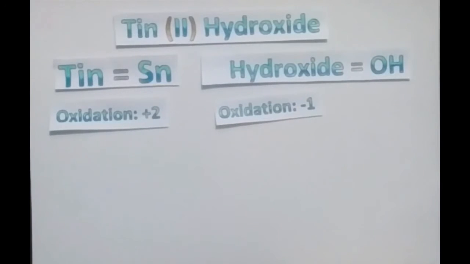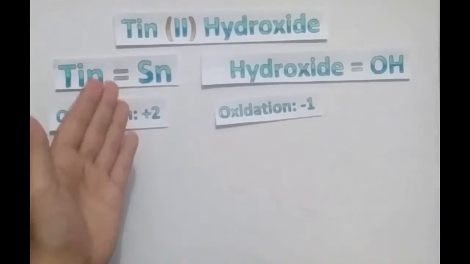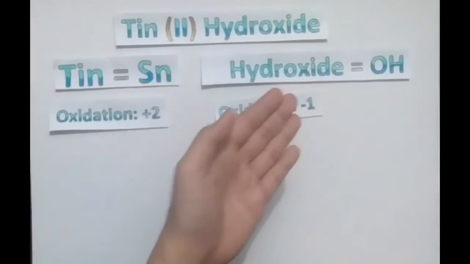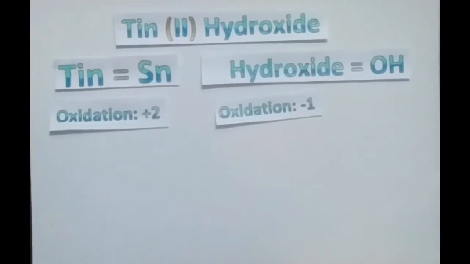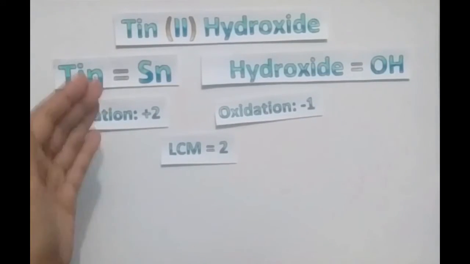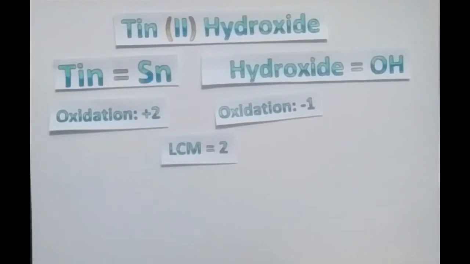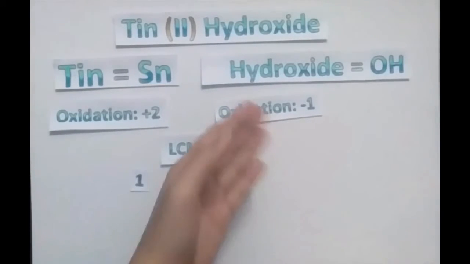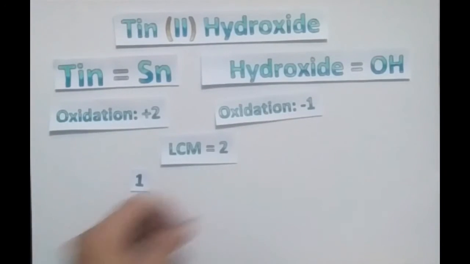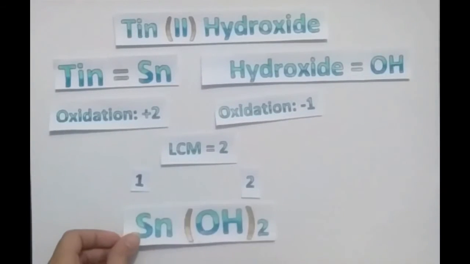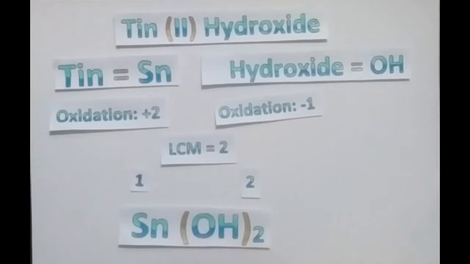Find its LCM. Since tin has +2 and hydroxide has -1, their LCM is +2. For tin, 2 divided by 2 equals 1. For hydroxide, 2 divided by 1 equals 2. Therefore, the answer will be SnOH2.